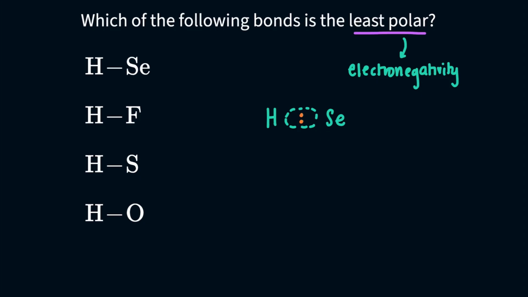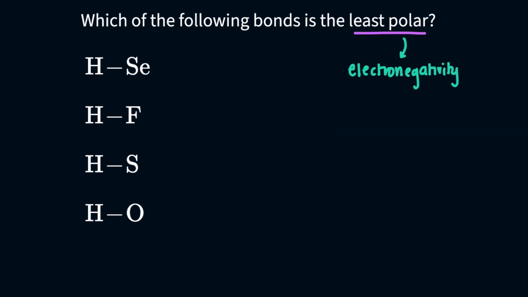And a polar bond would mean that there would be an unequal attractiveness, that one atom would pull the electrons closer to it. And always the atom that is the more electronegative is going to pull those electrons to it. So that's all that electronegativity is.